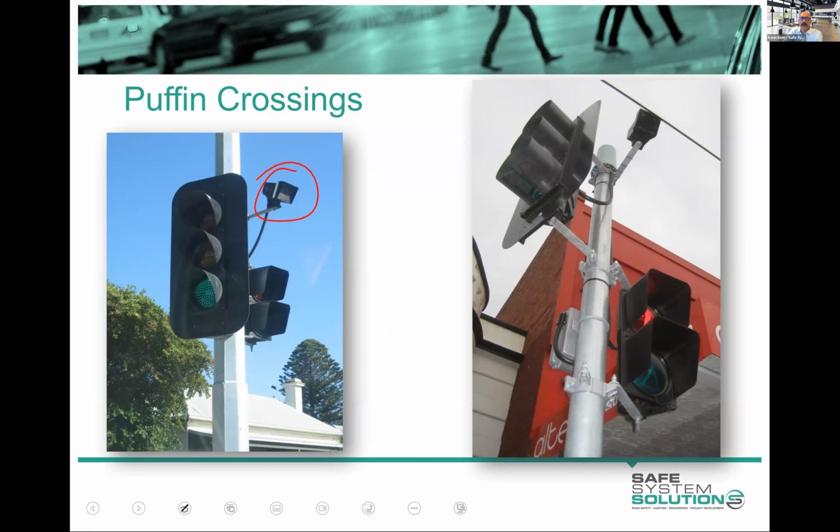It's not radar, it's the same technology as when you walk up to your house at night and the lights automatically go on. It just keeps the light red for vehicles until there's no movement on the crossing. That's how that one works.